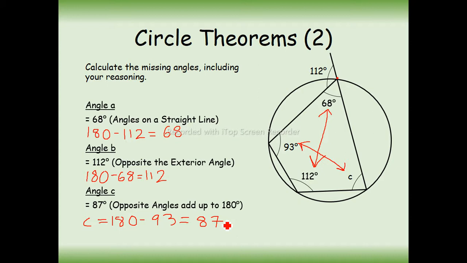All right, so what did we get wrong, Mr. Petit? Oh, we said that they were equal. They're not equal. They add up to 180. So we were supposed to subtract. Yeah, we're supposed to subtract it from 180.